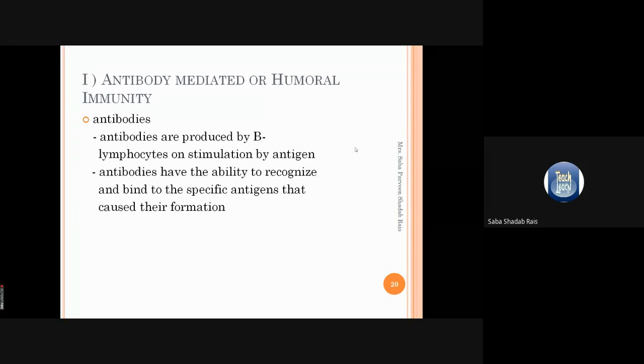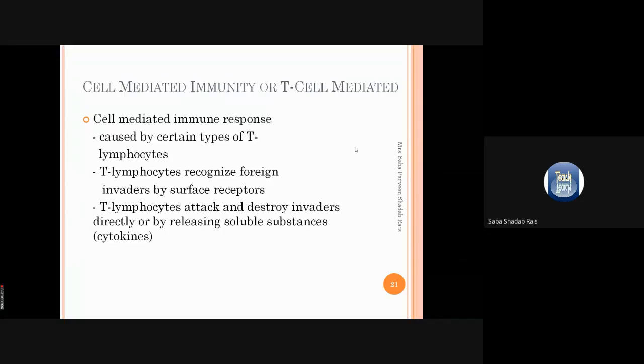Now we will talk about the next mechanism of action, which is called cell mediated immunity, or T cell mediated immunity. The name itself suggests that CMI will have cells as the players. In humoral immunity, the main players were antibodies. The cell-mediated immune response is caused by the T lymphocytes.